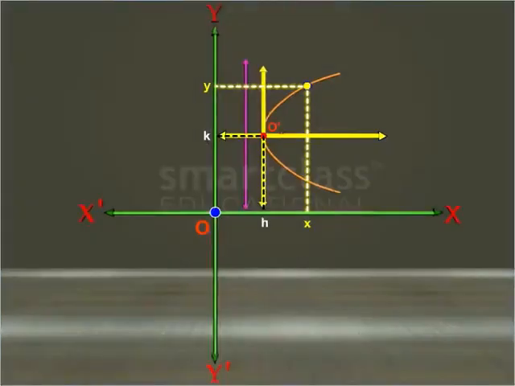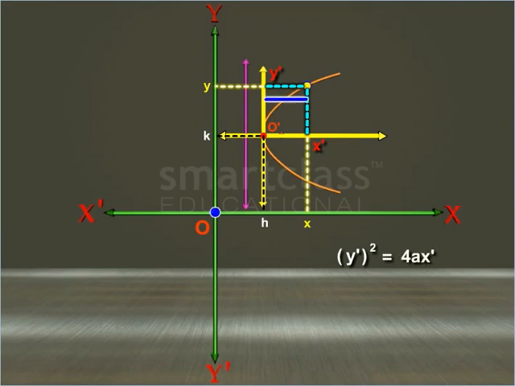Let the coordinates of this point on parabola be x dash, y dash with respect to the new x and y axes. The equation of this parabola referred to the new Cartesian system is y dash square equal to 4ax dash, but x dash is equal to x minus h and y dash is equal to y minus k when referred to the original Cartesian system.